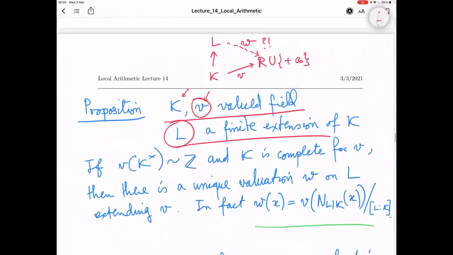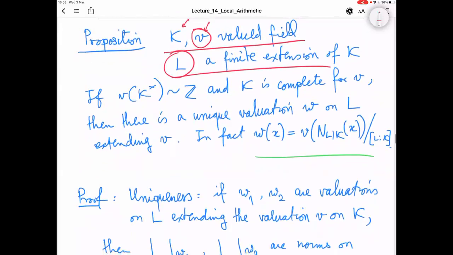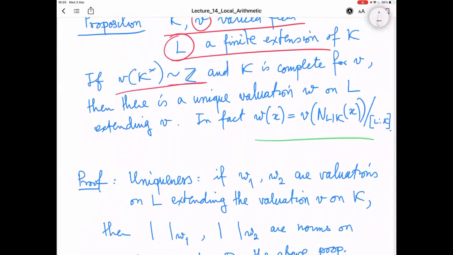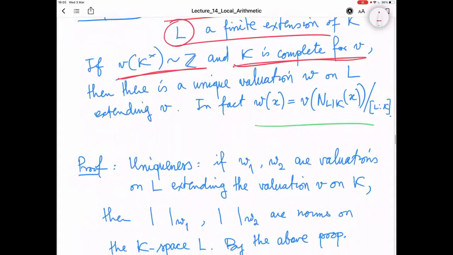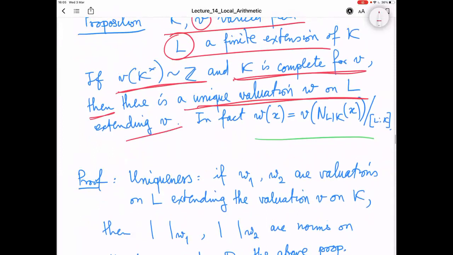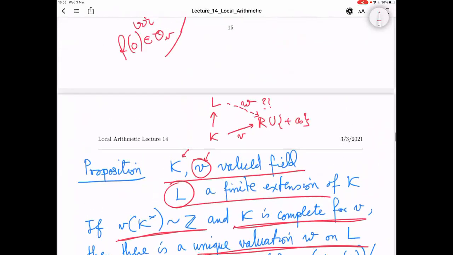It's a natural question. And we need it only in this situation where the valuation is discrete. The value group is isomorphic to Z. And the field K is complete for this valuation V. The claim is that in this situation, there is a unique valuation W on L, which extends V in the sense that it makes this triangle commute.